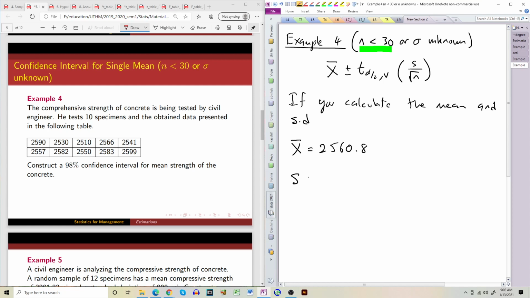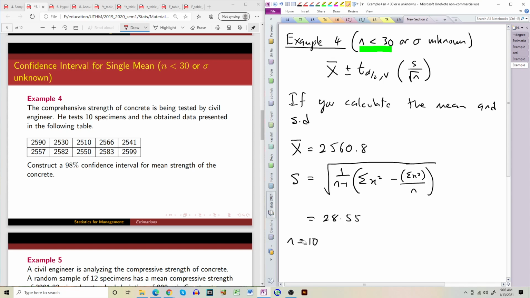Standard deviation, there are two formulas, I'm using this formula. If you use this formula, you will get 28.55. Your n is of course 10.